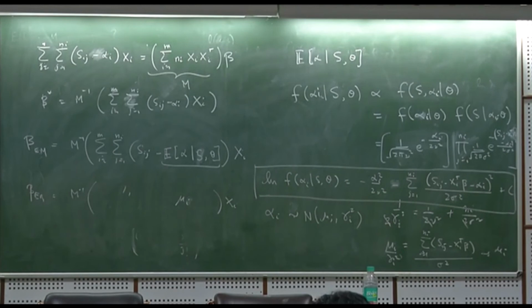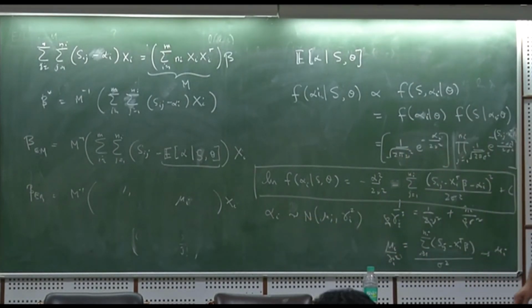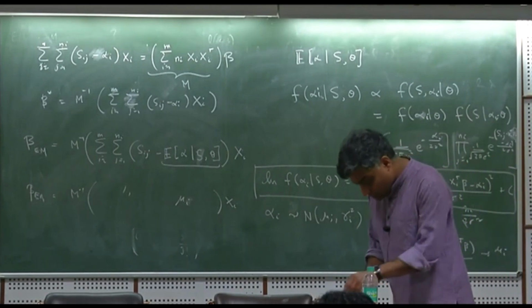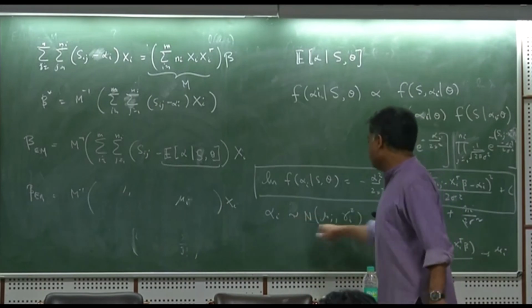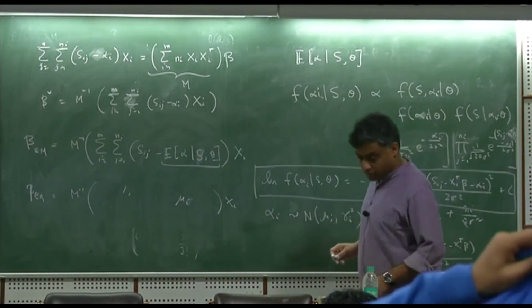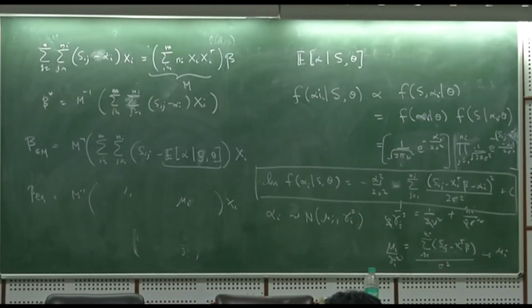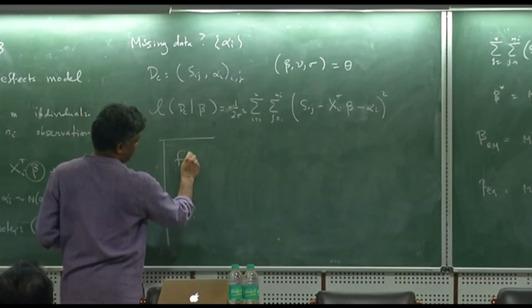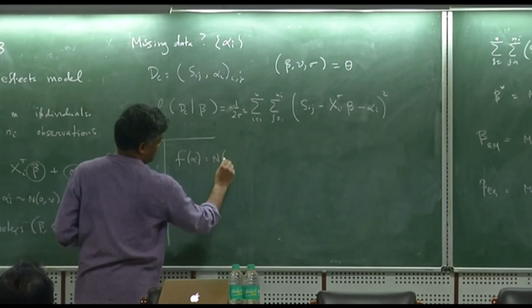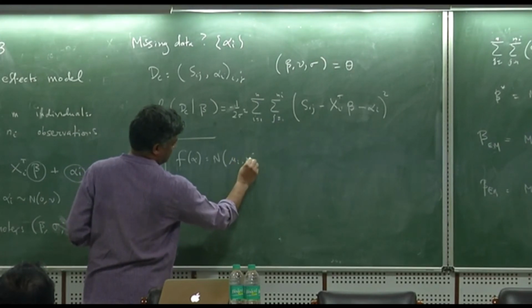So what I did was I now know that this distribution is normal. So if I know that the distribution is normal, then let's write out the log from this side. I'm assuming that f of alpha is normal mu I, gamma I squared.